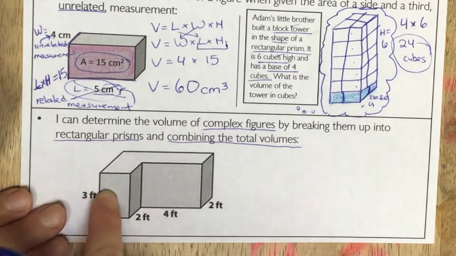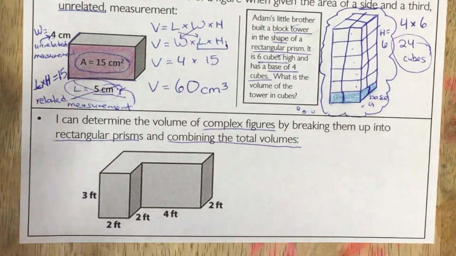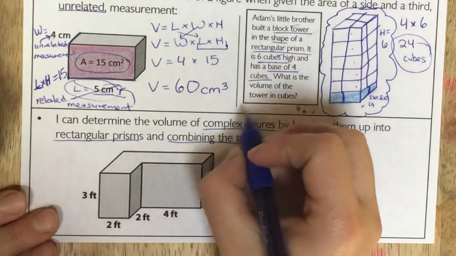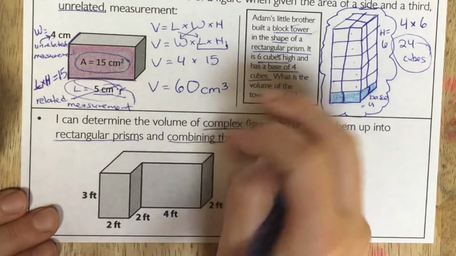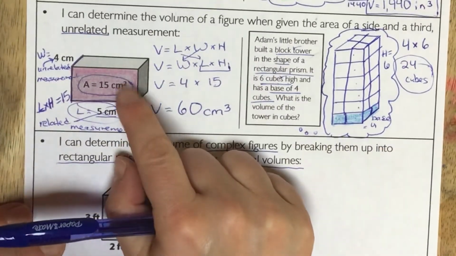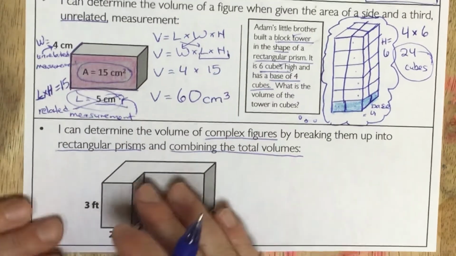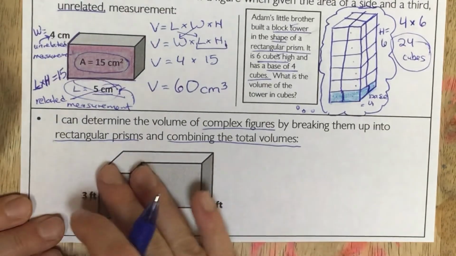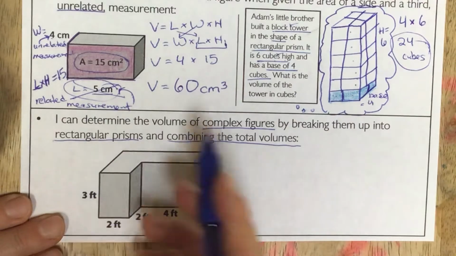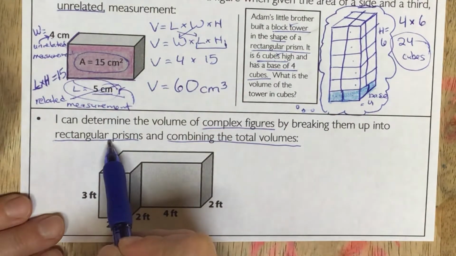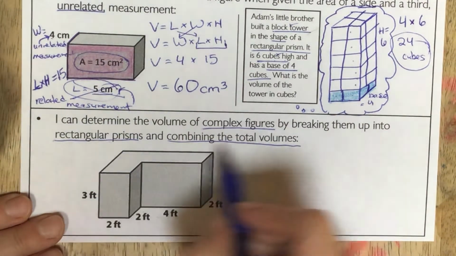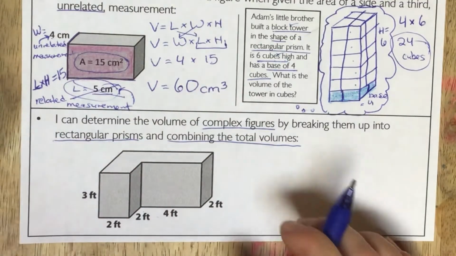It looks like a couple different rectangular prisms pushed together. So complex figures aren't simple like we had earlier where it was one rectangular prism. Complex figures are made of multiple shapes. And we're going to break them up into rectangular prisms. We're going to use our slicing into layers strategy, and then we're going to combine the total volumes.